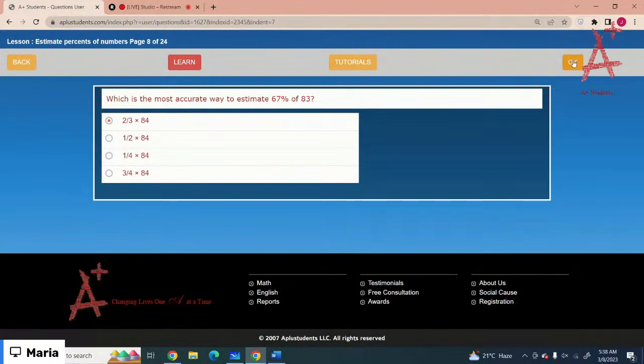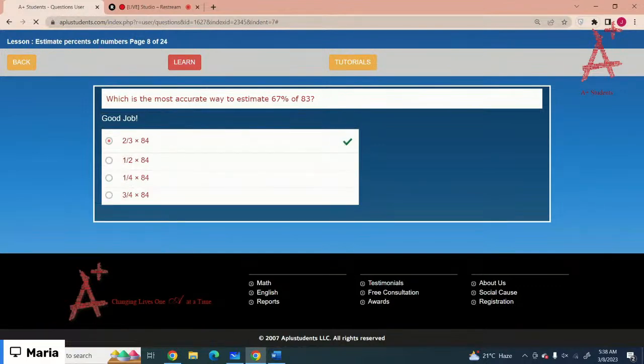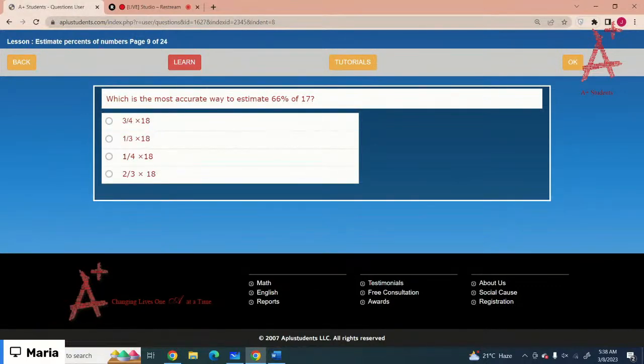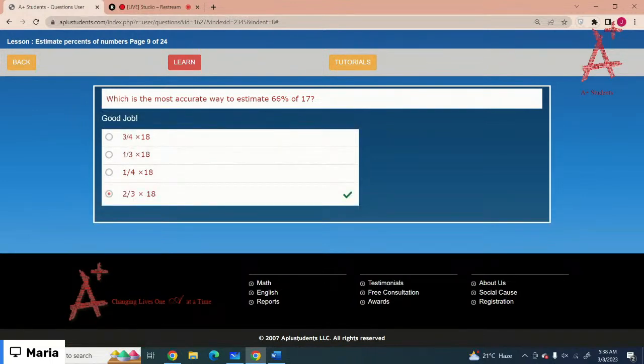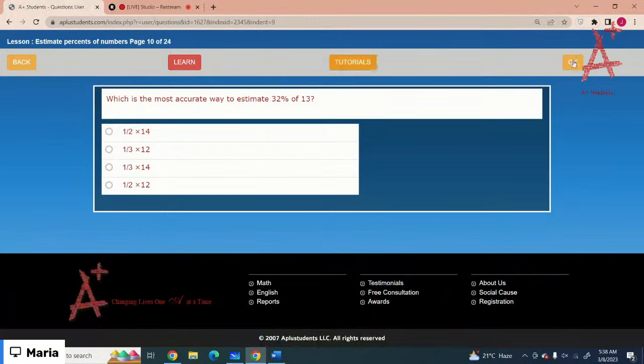It would be two-third of 84. What is the most accurate way to calculate 66% of 17? So again, 66% is near to 67%, and 67% is 2 by 3. Got it? So it would be 2 by 3 of 18. Okay, 32% of 13. So 32% is one third, and it would be one third of 12. Got it?